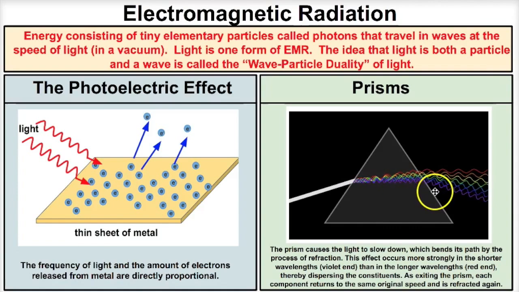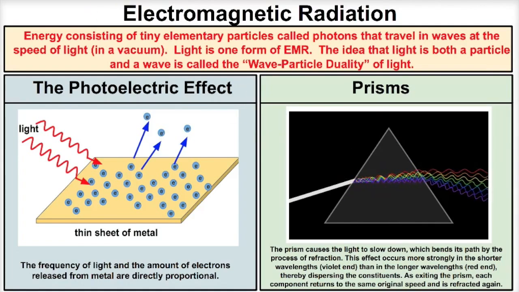And violet has shorter wavelengths than red, so the violet light ends up slowing down more than the red light does, and this causes a refraction, right? It causes a bending of the light, so the light is actually going to come out over here instead of coming out over here, which might be what you think ends up happening. Okay, so a prism is one little model that shows us that light is actually made up of waves.